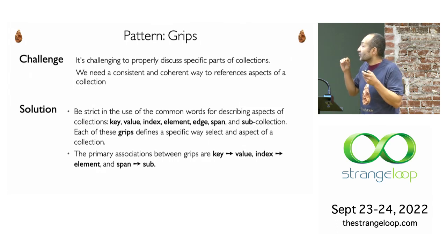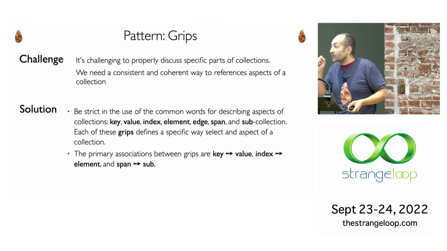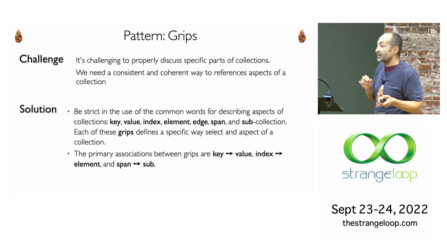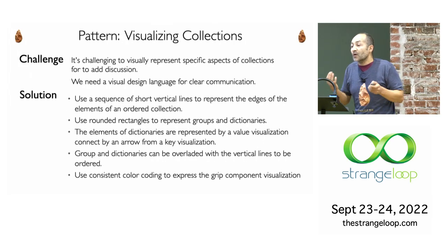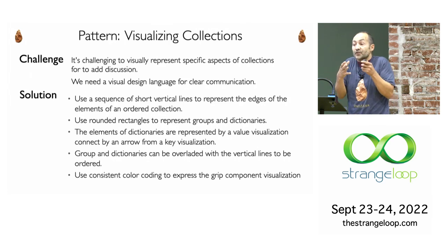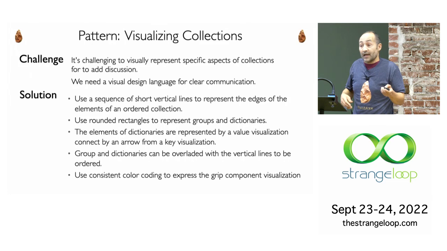We have these grips as I've defined them. We're reclaiming these words key, value, indice, element, edge, span, and sub for a specific meaning. And I also have a visual language for talking about collections to be more explicit. This description is what we've just seen.